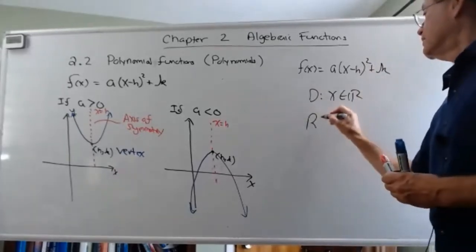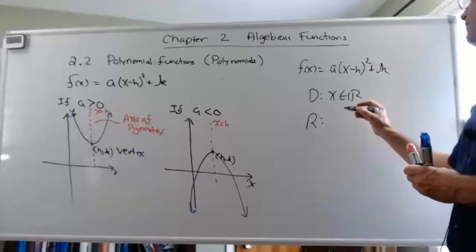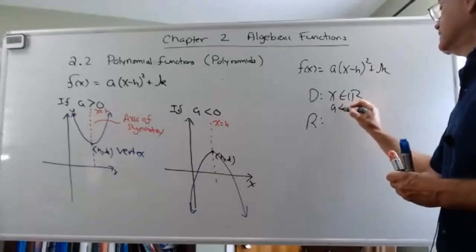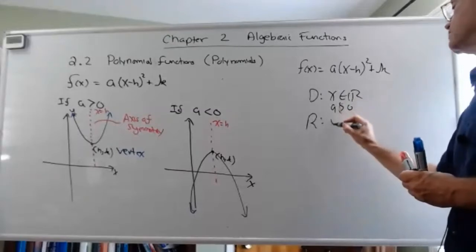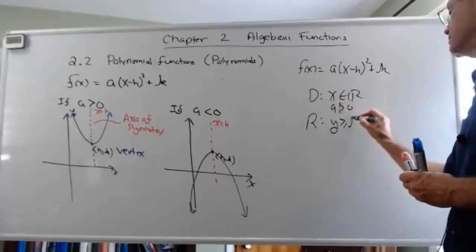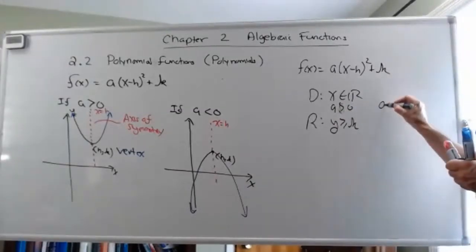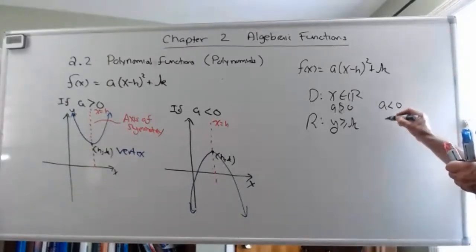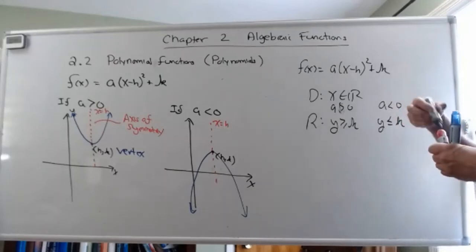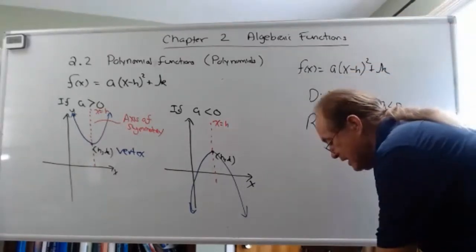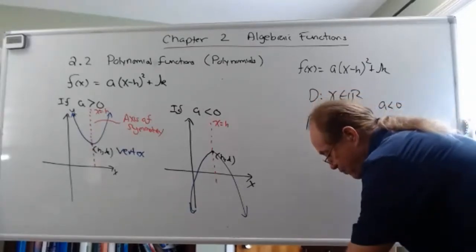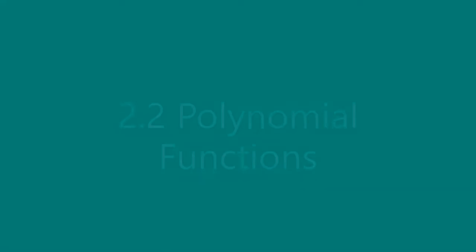But the range for this one depends: if a is greater than 0, then the range is y is greater than or equal to k. If a is less than 0, then y is less than or equal to k. And we'll kind of see that. Okay, so let's stop. You can go to the next one, but I think we kind of worked it out here.